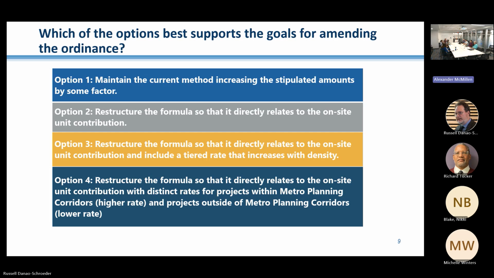So it really comes down to how would you restructure the formula? How close do you want to get the cash contribution to the actual cost of providing the unit?